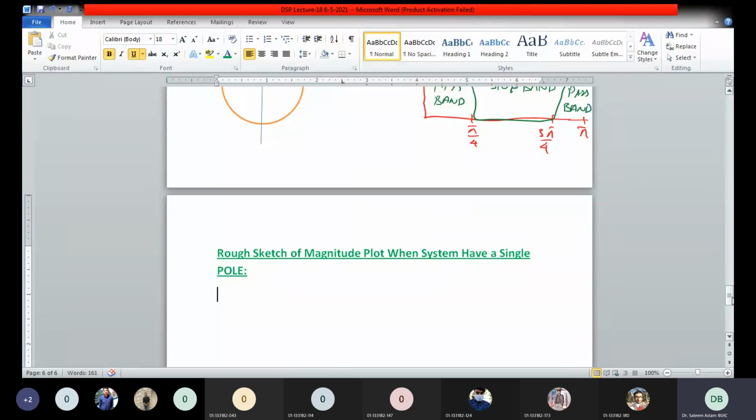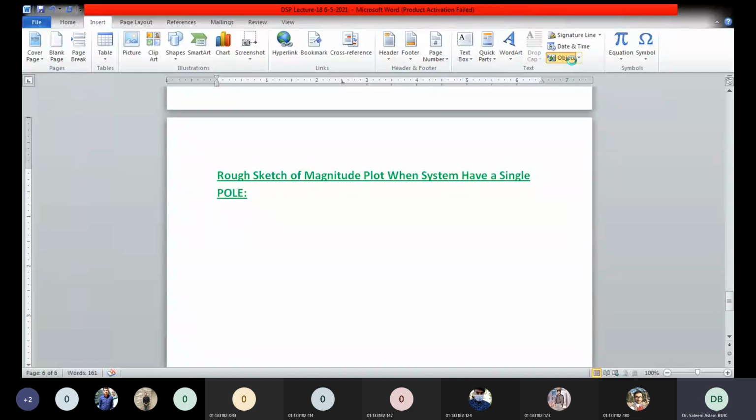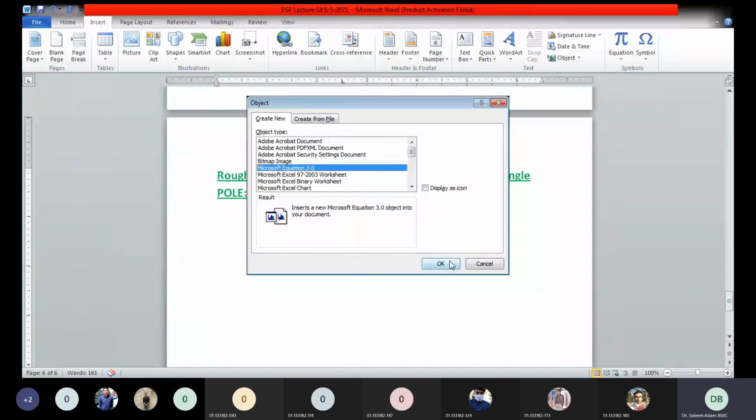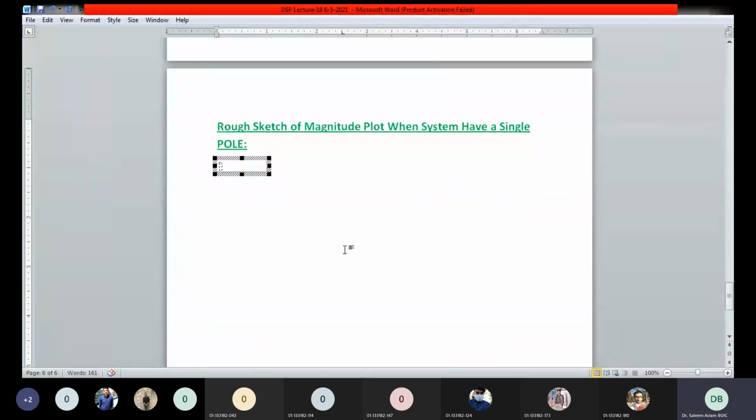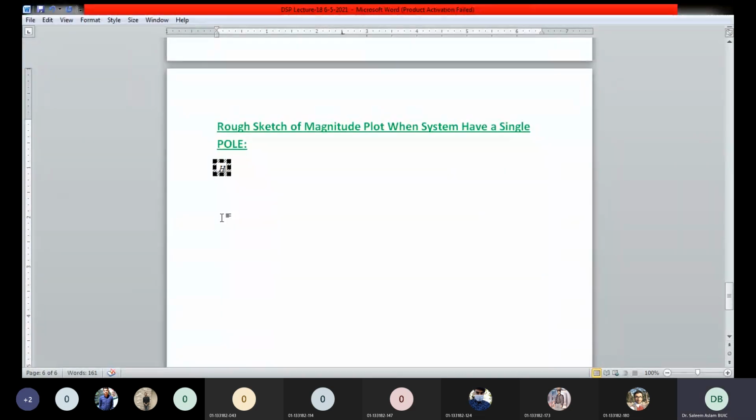So in case of a single pole, what would be the expression? Let's take a very simple system which has only one pole. H of z, lying on the real axis, equals 1 over 1 minus 0.6 z inverse.